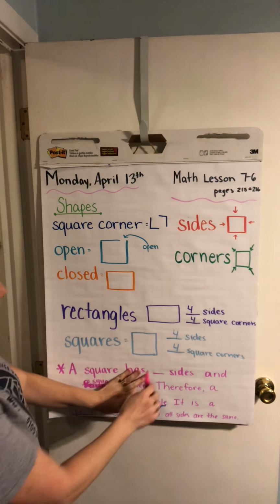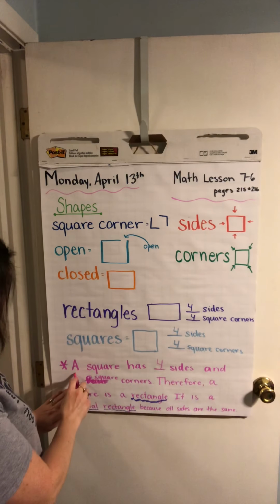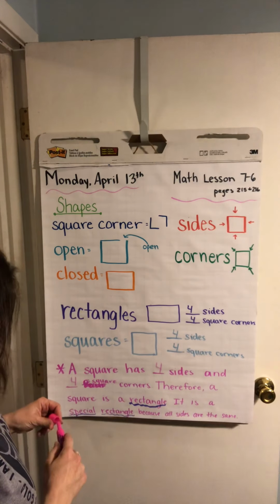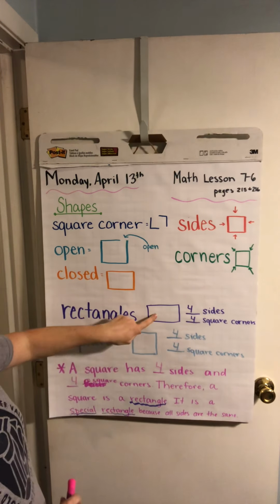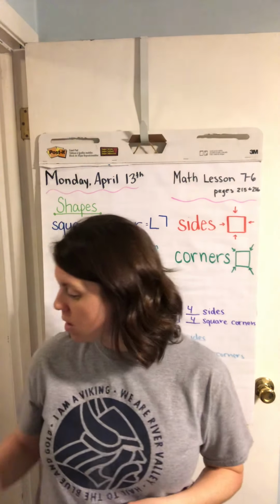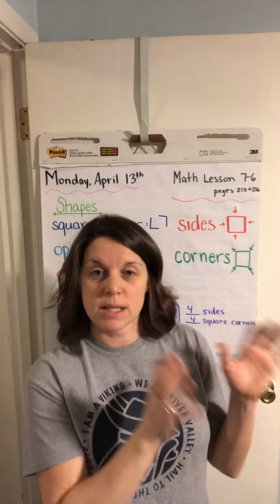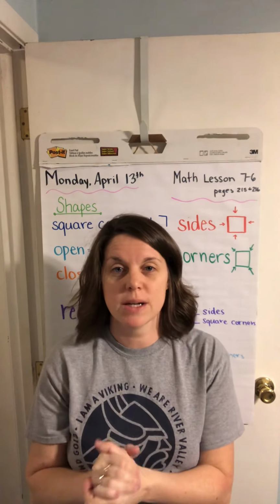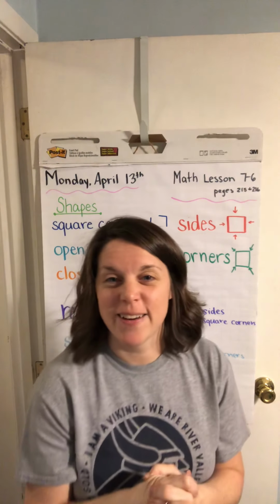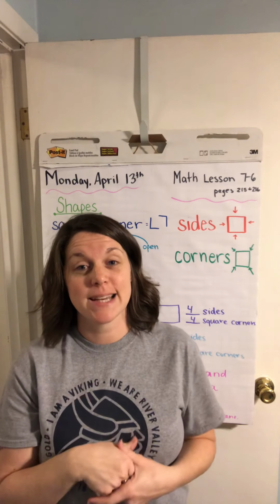A square has, you got it, 4 sides and 4 square corners. So therefore, a square is a rectangle, and like I said, it's a special rectangle because all 4 sides are the same. Okay, so I know we think of rectangles as rectangles and squares as squares, but now I just told you that a square is a special rectangle. So let's see if we can remember that. I do know that comes up in 2nd grade.